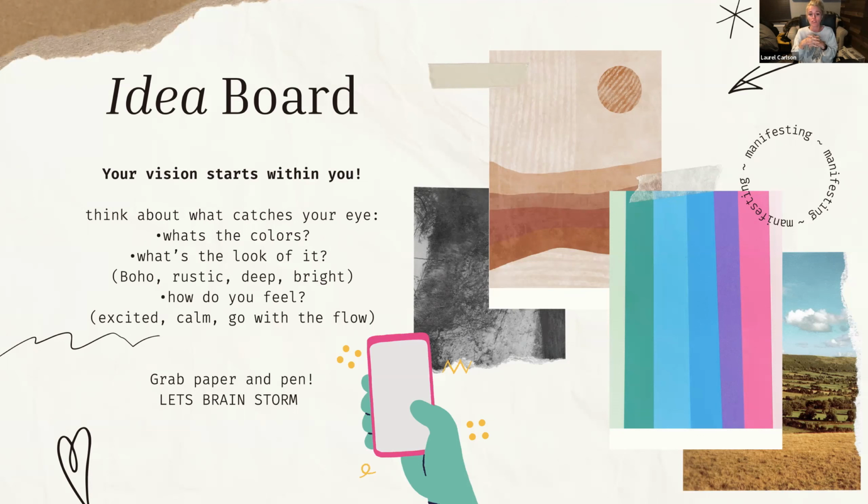And then I want you to think about when you see those things, how does it make you feel? Do you get excited? When I see bright colors, I feel excited. Does it make you calm? Or do you just go with the feeling? So I want you to grab a paper and pen and start jotting things down.